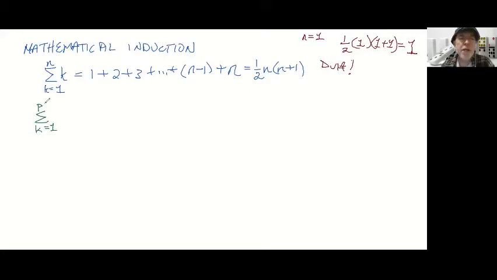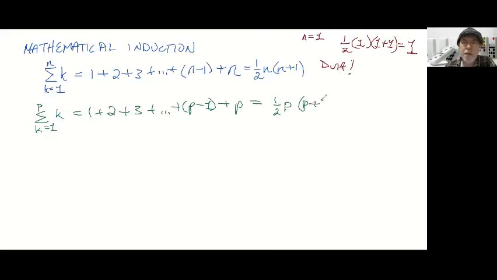So the first p integers, 1 plus 2 plus 3 plus etc. plus, and then the last couple leading up to it, plus p minus 1 plus p. If this is true, then this will work for the number p, whatever that is. Again, we haven't proven anything. We're just making an assumption. And so now let's follow through with this assumption and see where it takes us.